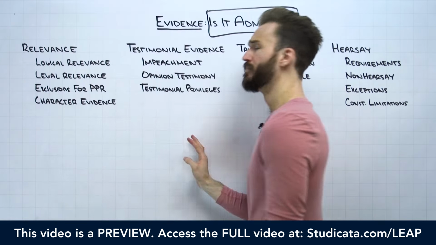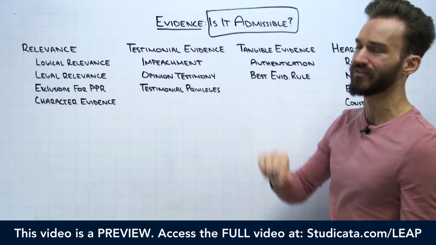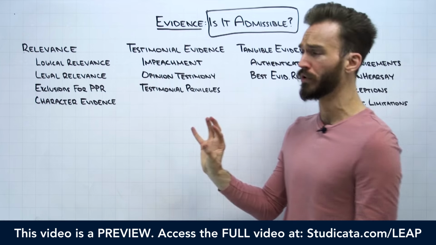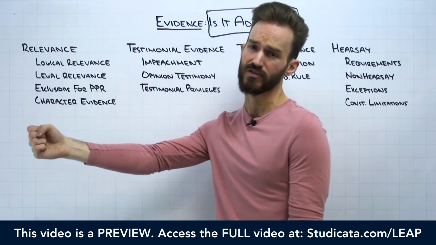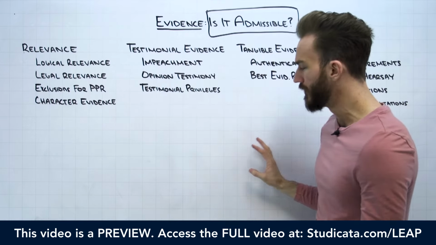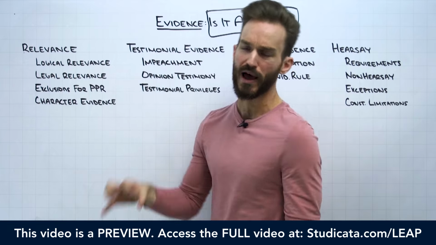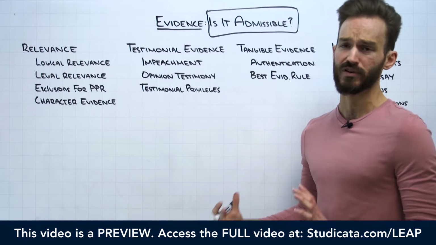So you are playing judge. You are determining whether each piece of evidence is admissible. Are we going to let the jury hear this evidence and consider this evidence in rendering their verdict? And of course, on an evidence fact pattern, we're not really going to be worried about objections and that type of stuff, typically outside the scope of an evidence course.